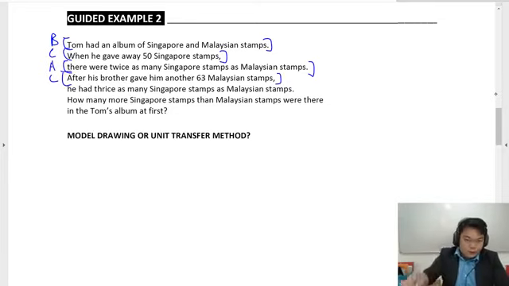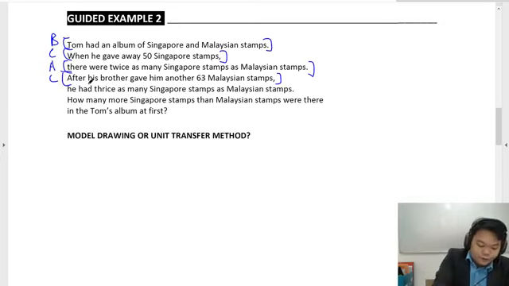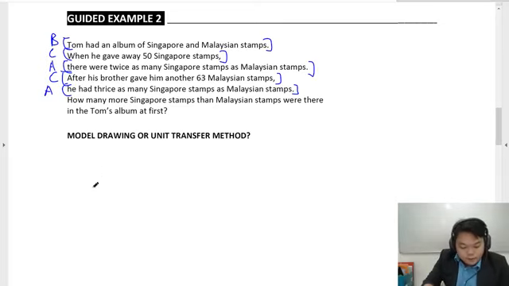It's not your case 1, case 2. It continues on from the previous event. And now you have another after result. So let's interpret the problem first. Would you use model or unit transfer method, and why? Let's hear from you first.